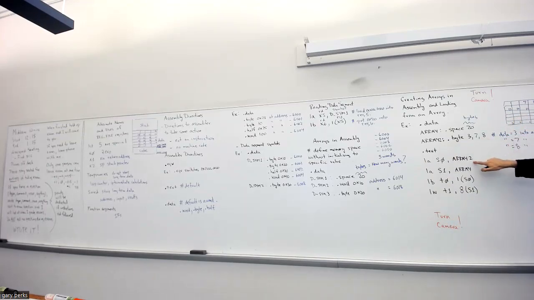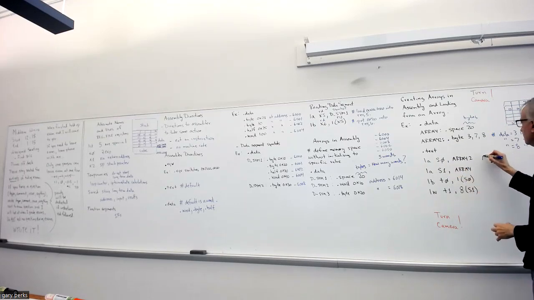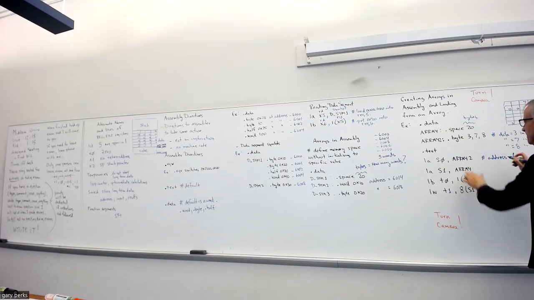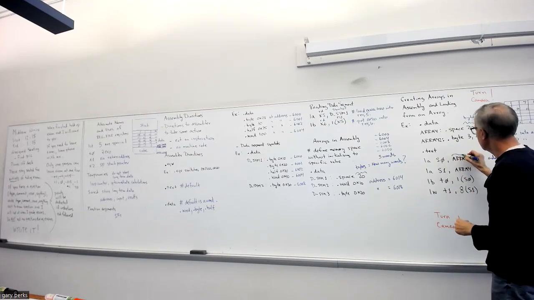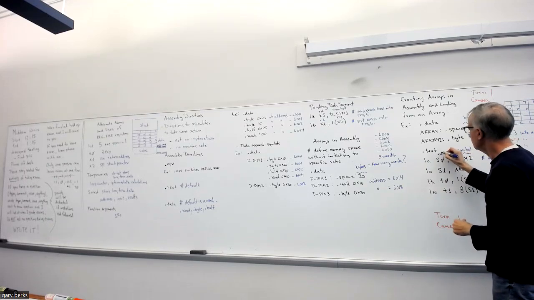And you can see here, our first instruction is load absolute address. So it's going to take the address of this symbol. Again, this is the symbol. This is the destination register.